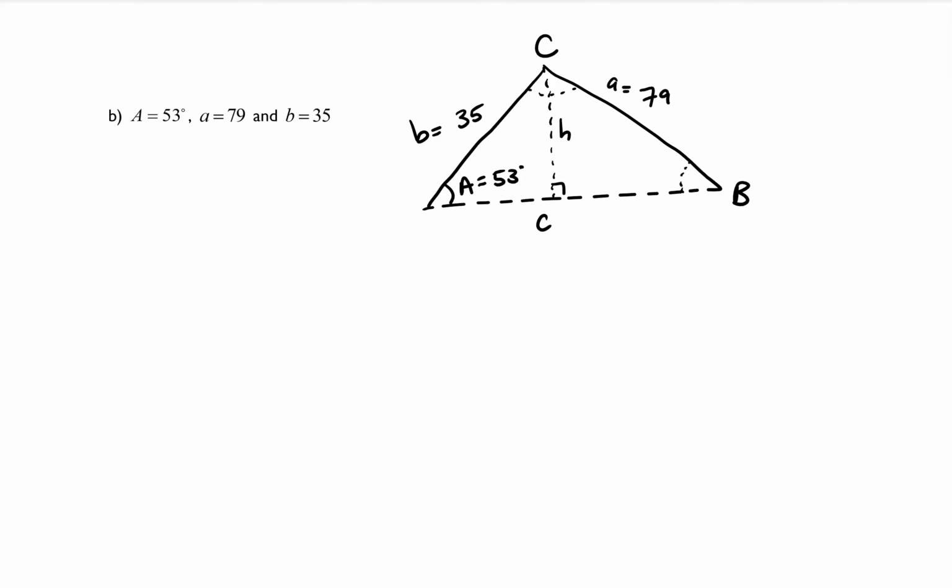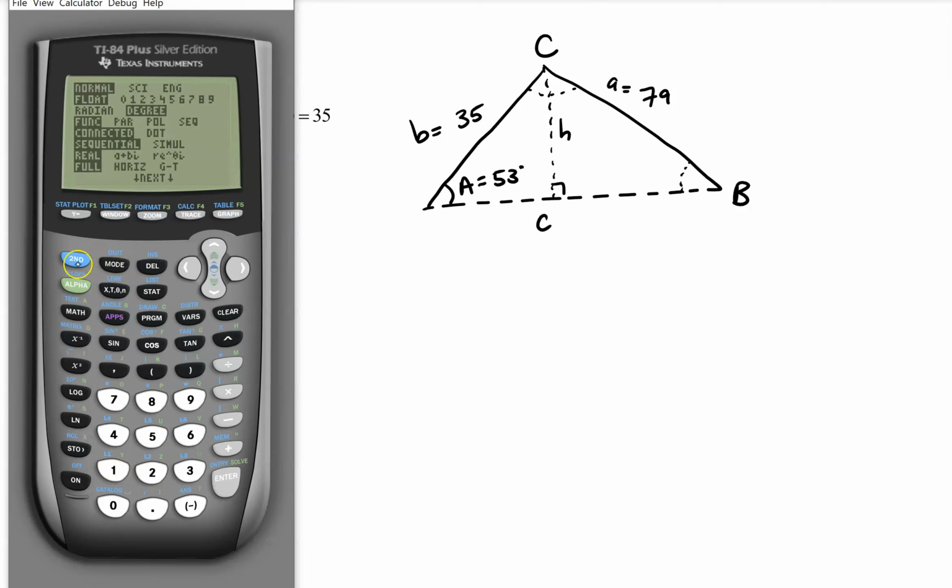And so I think the first thing that I want to do is figure out H. So I'm going to take sine of 53 degrees, and sine is opposite over hypotenuse. So that's going to be H over 35. So H ends up equaling 35 times sine of 53 degrees.